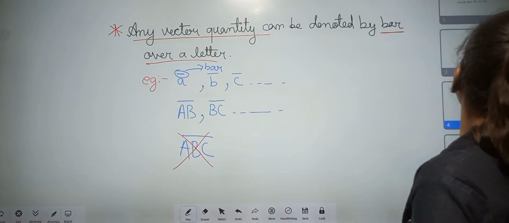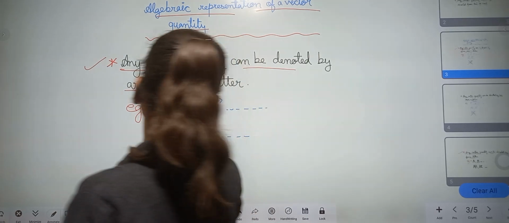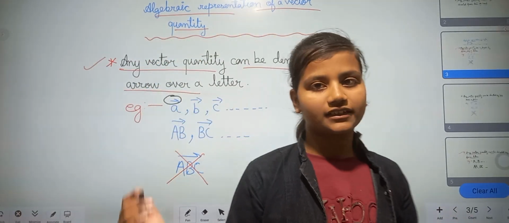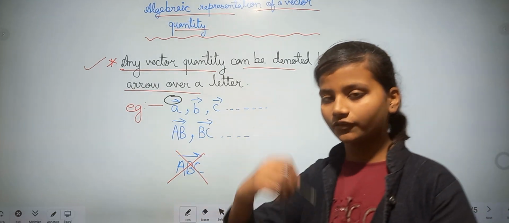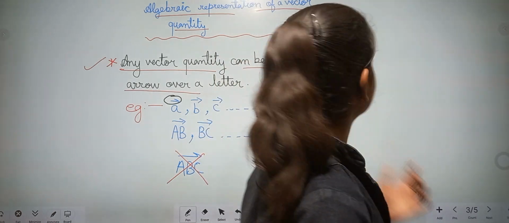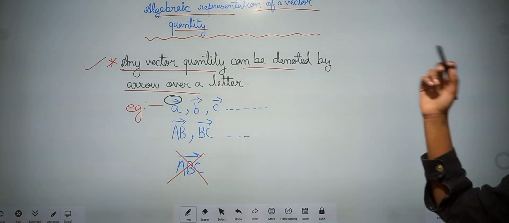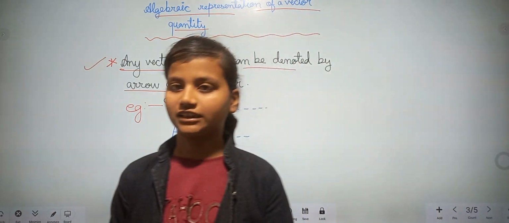Here you can see, arrow over a letter, we can denote a vector quantity like this, and a bar over a letter is also true, and a bold face letter is also true. So this is how we denote a vector quantity in algebraic form.